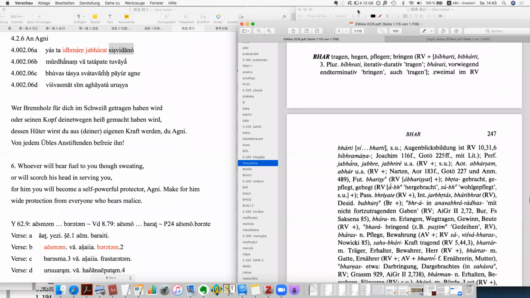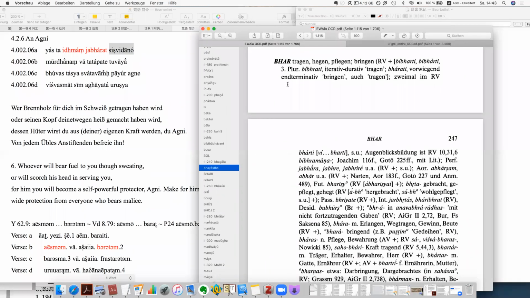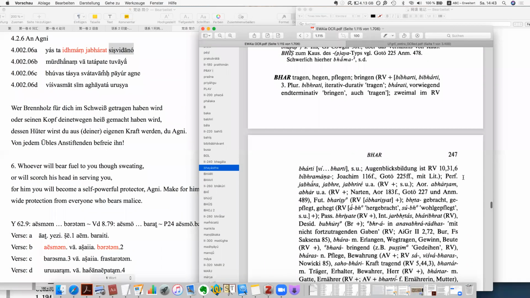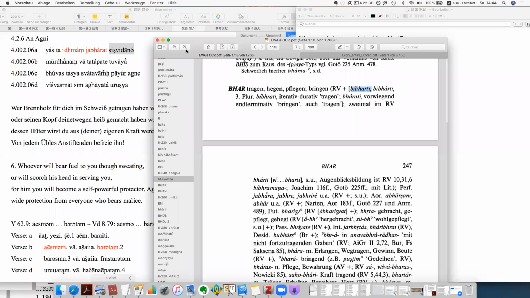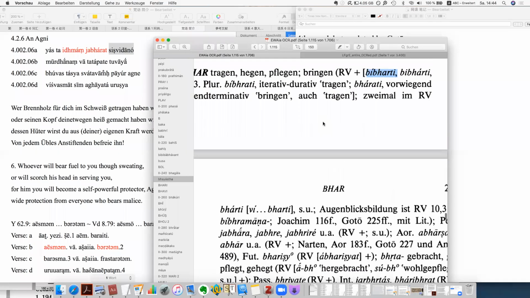So you can see for bar, the reduplication is ja-bara. So the reduplication is a little bit weird with ja, not bhe. Originally we should expect something like this, right? So bar means carry, right?